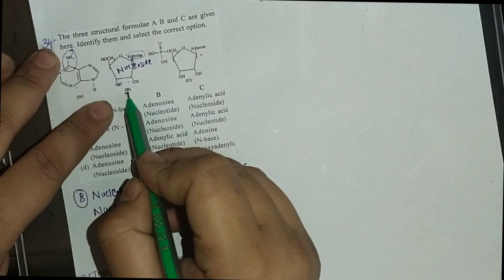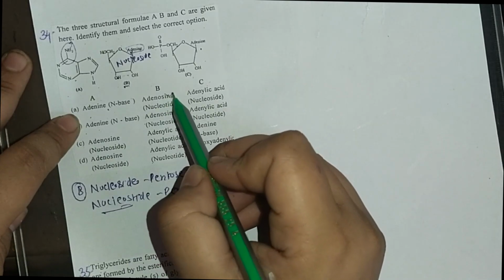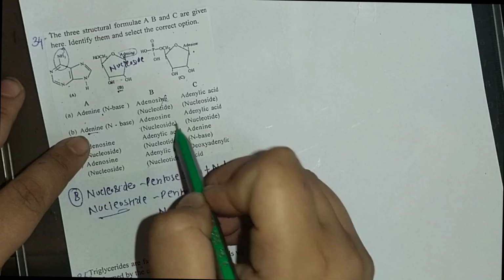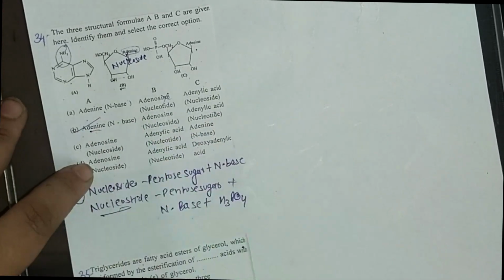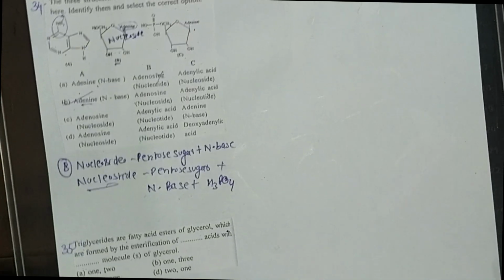So we have identified B and C as well. A is adenine, second is nucleoside, so the first option is incorrect. Second is adenine, nucleotide, B is the correct option. Okay, moving on to the next question.